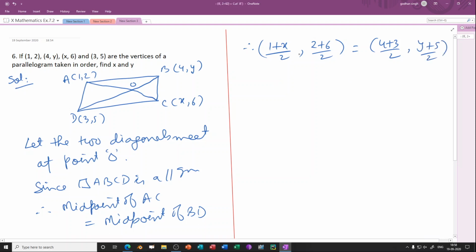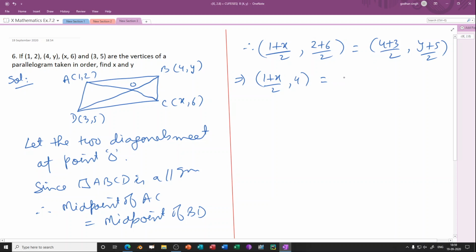In this one, however good you may be in calculus, do not write the answer directly. First step, you write down the format of the formula. What is that? X1 plus x2 by 2, y1 plus y2 by 2. Here also the same. So this implies 1 plus x by 2, 2 plus 6, 8, 8 by 2 is 4, equal to, now in this step 4 plus 3 is 7.